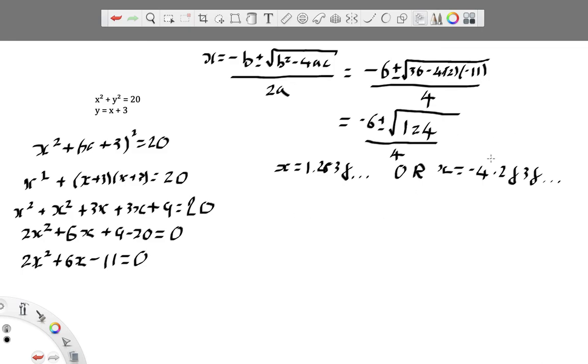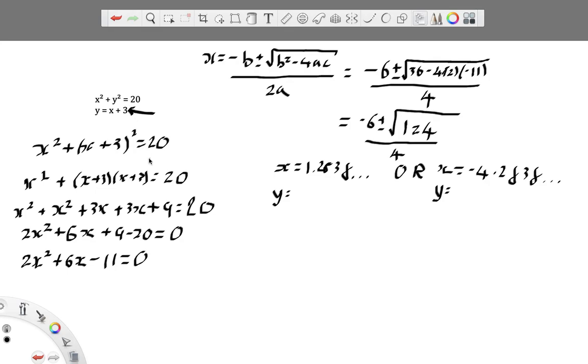So they are our x values, so then we can use those to find the corresponding y values. So we'll do that here. So y is equal to x plus 3, so we'll substitute them into this equation here.